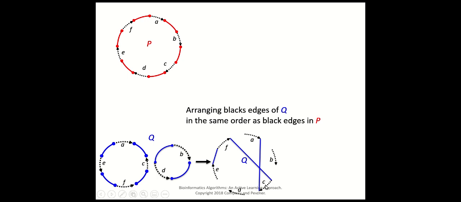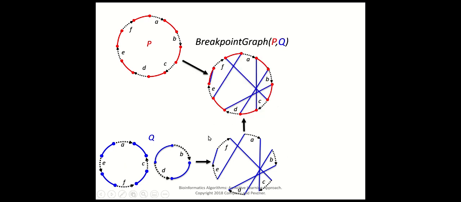A goes to C and C goes to F. F goes to E, and E goes to A, and this is the graph Q. The second graph of Q connects B and D.